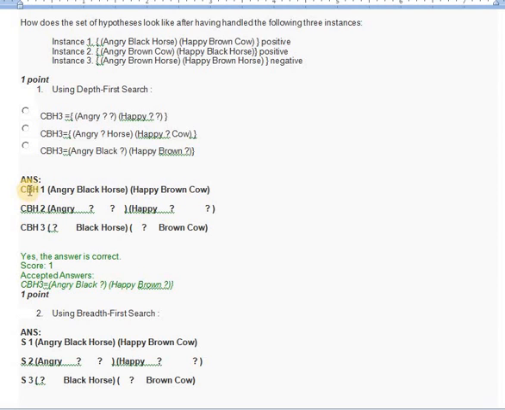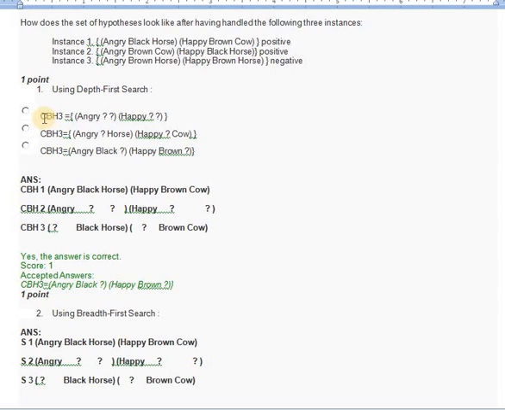From that we have to do the depth first search, where we take the current best hypothesis. From the current best hypothesis case 1, we take the first positive, and from that we derive the second step as well as the third step.